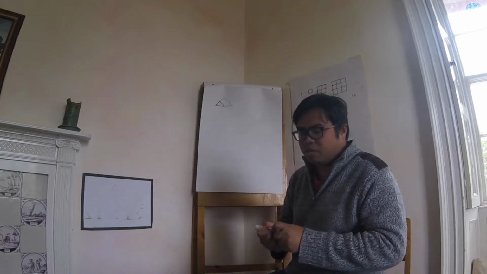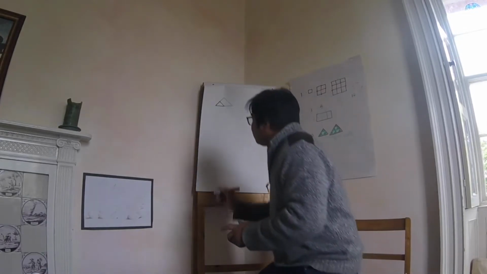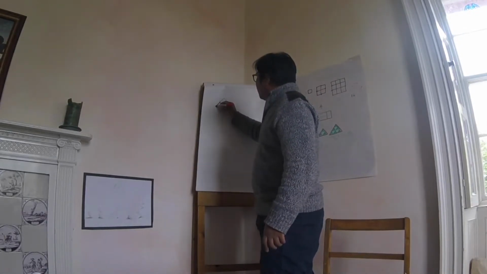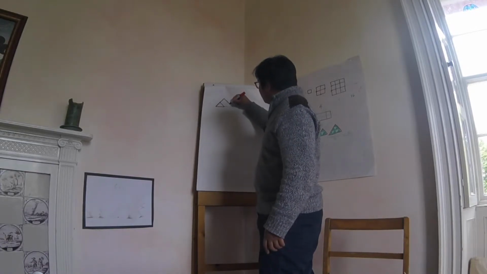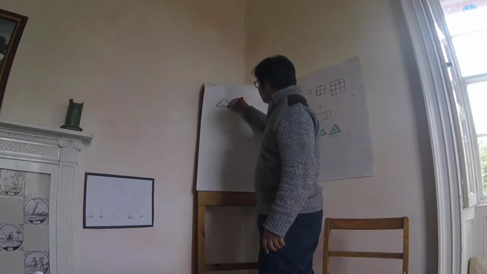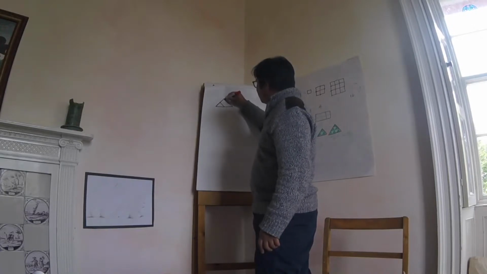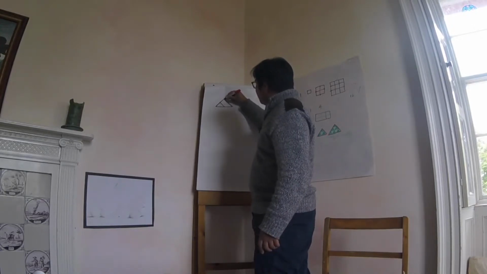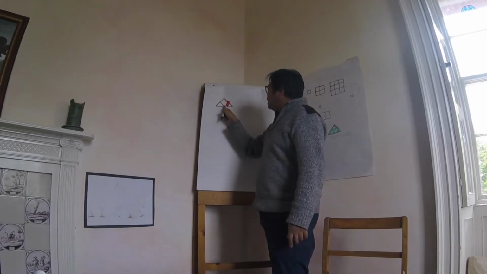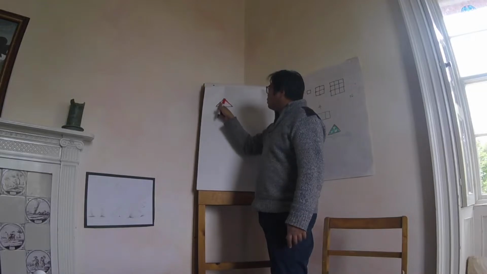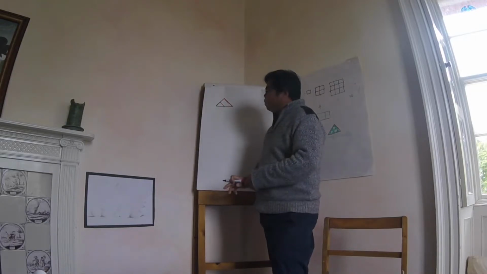Oh, can I use a different color then? So here, is red clear? Okay. So the red triangle is bigger than the black triangle. Is that clear?